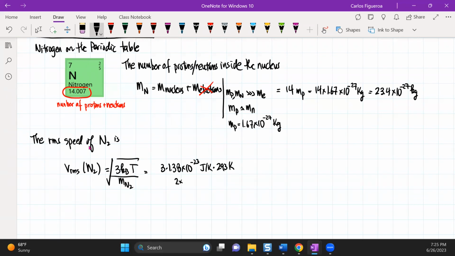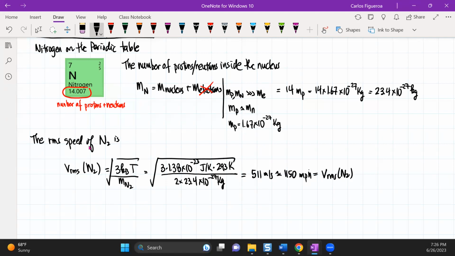So this is going to be 2 times 23.4 times 10 to the minus 27 kilograms. And then I've got to take the whole square root of this. This turns out to be 511 meters per second. And if I round that, that's around 1150 miles per hour. And this is the VRMS of nitrogen gas.